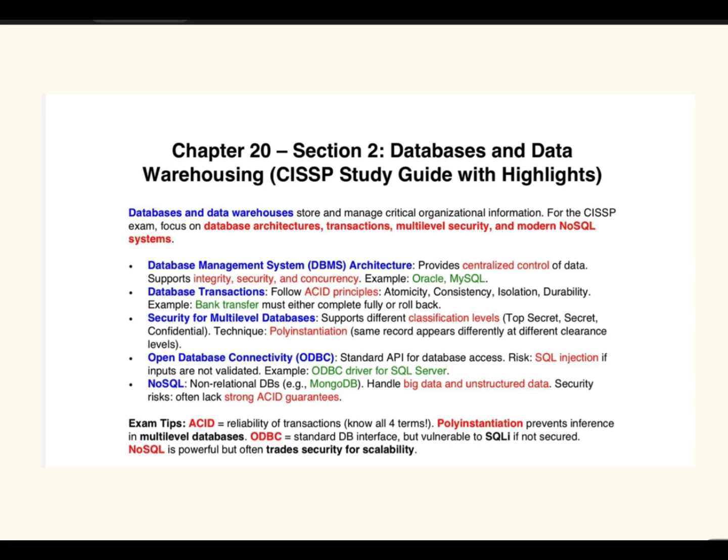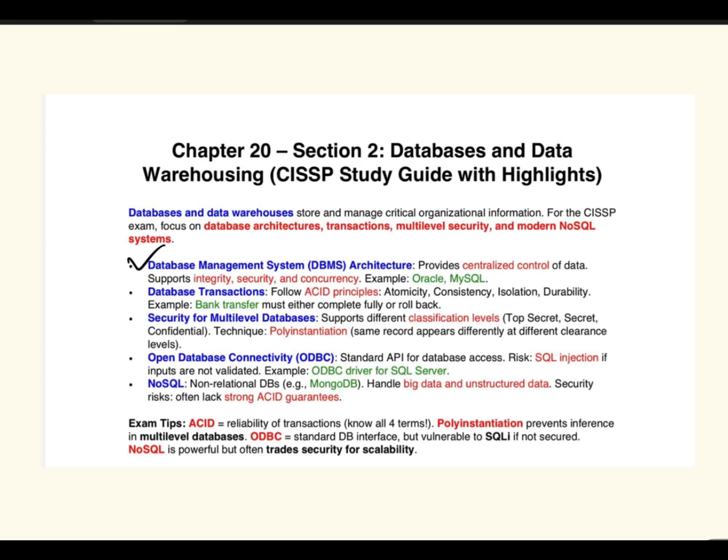database management system, DBMS architecture, it provides centralized control of data for multiple users while ensuring integrity, security, and concurrency, multiple users accessing at once.